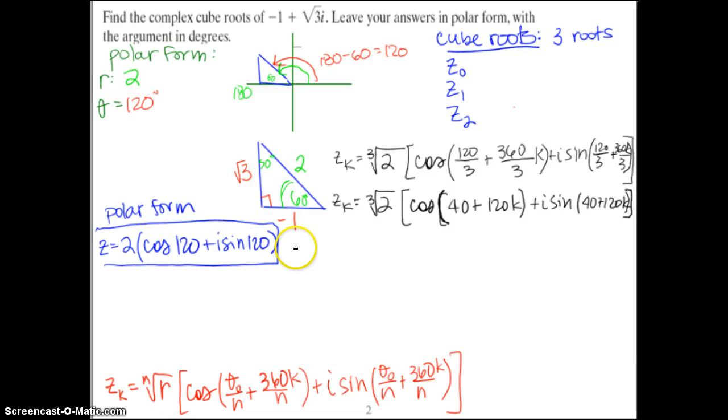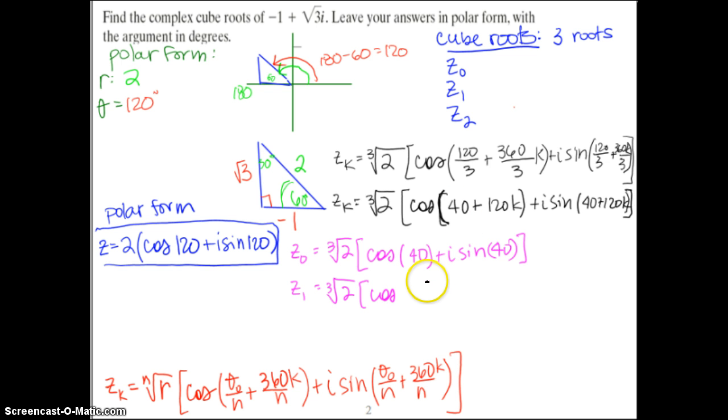So we just plug in what we know. Z sub 0 is going to be cube root of 2 times cosine 40 plus i sine 40. Z sub 1 is going to be the cube root of 2 times cosine of 40 plus 120, which is 160, plus i sine 160.